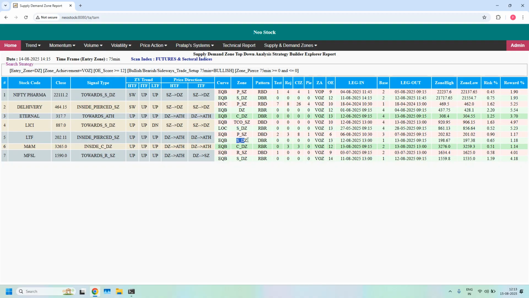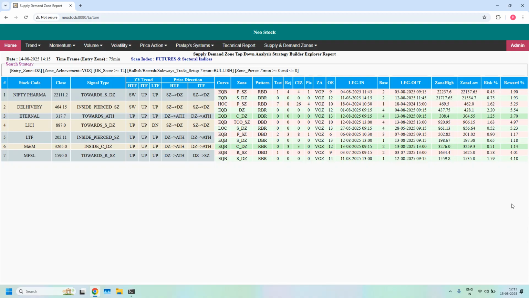So total we got 7 stocks. Out of these 7, how many are having more high probability to get success? That we will filter based on different zone confluence and EMA confluence strategies that we learned in lesson 27.